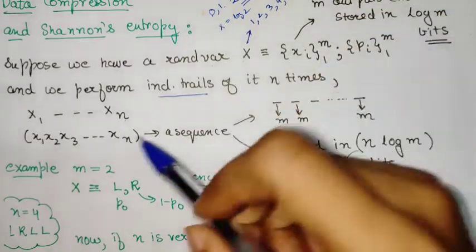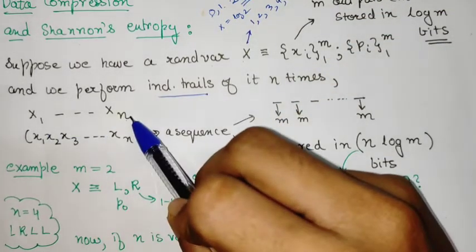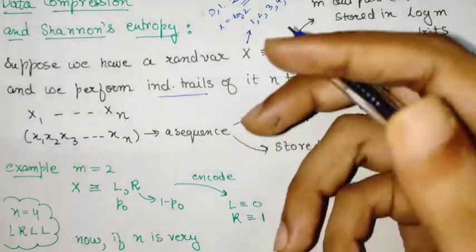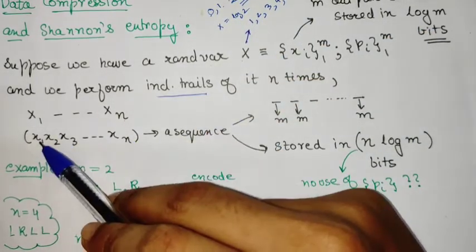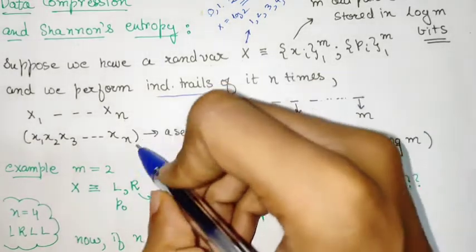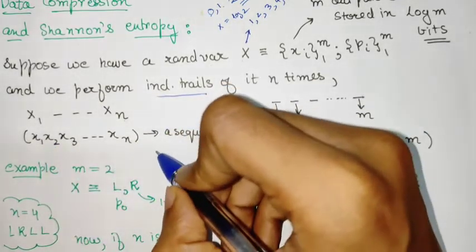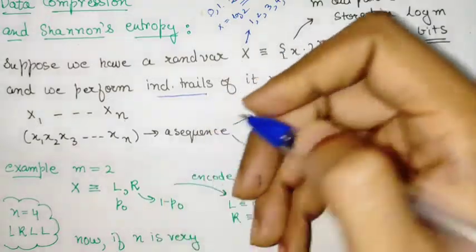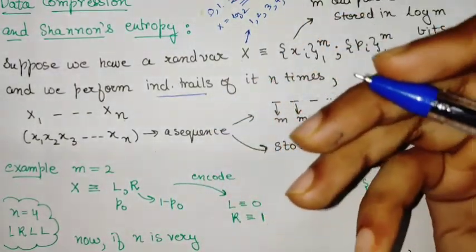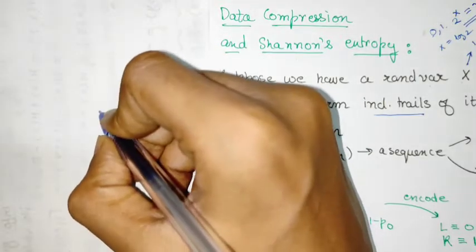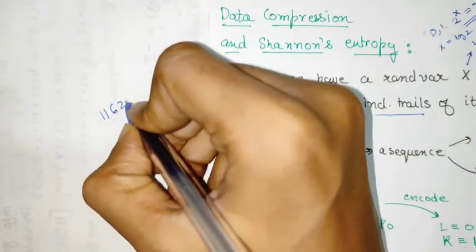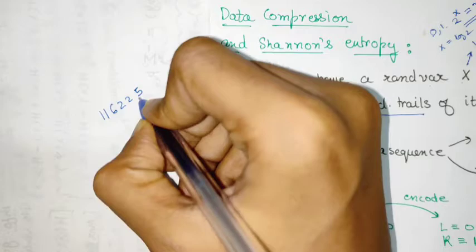After performing n trials, I will get a sequence of numbers. For example, after 5 trials of tossing the die, I will get something like 1 1 6 2 2 5.